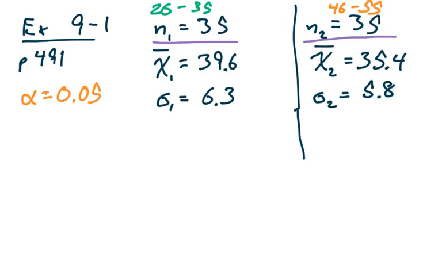Found that the average amount of time those in the age group of 26 to 35 years spent per week on leisure activities was 39.6 hours. So x̄1 is 39.6.